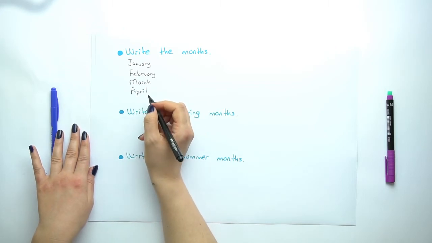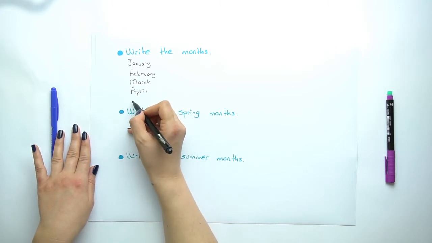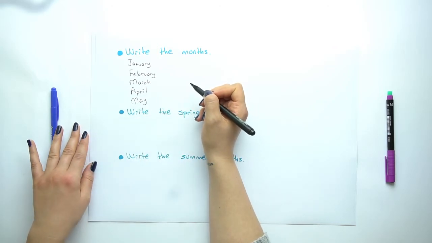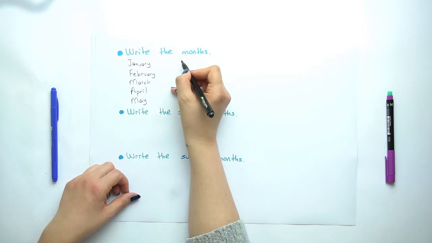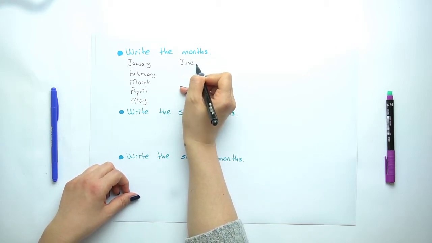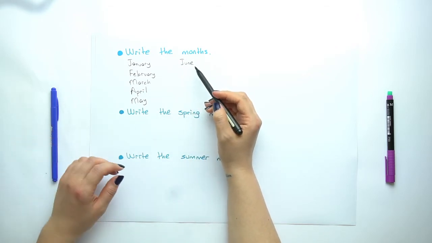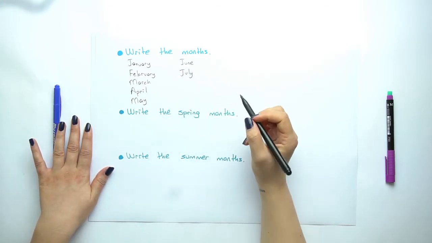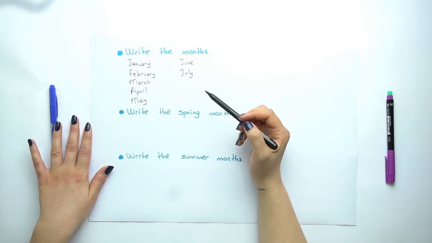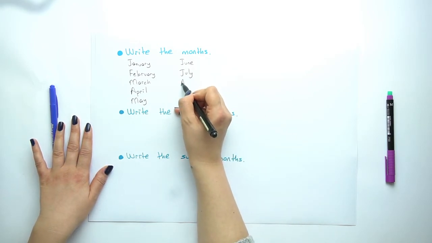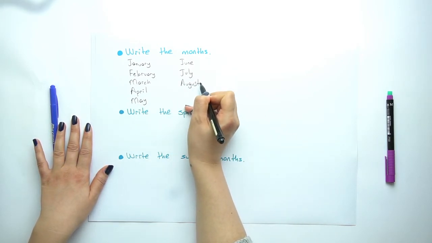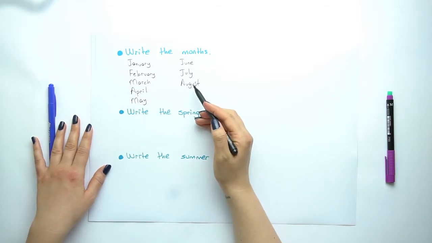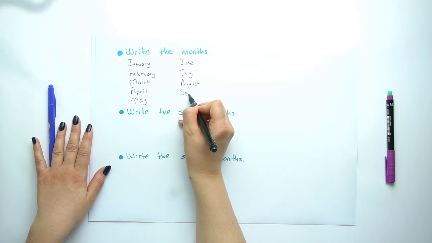Then we have April. Then what comes next after April? We have May. Then what comes after May? It's June. What comes after June? It's July. What comes after July? We have August. And what is the next one? What comes after August? We have September.